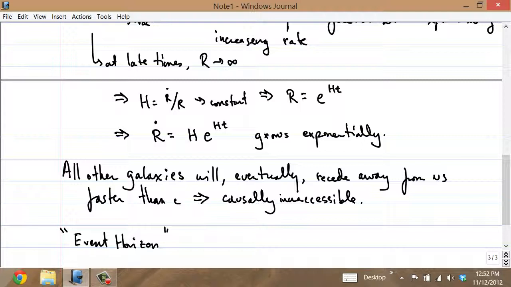So if you want to study the evolution of stuff inside our galaxy, for example, then you need to remember that that FRW model is not quite right. And so it turns out that even though the other galaxies will be receding away from us exponentially rapidly, everything within our own galaxy is going to be bound together for the rest of the history of the universe.